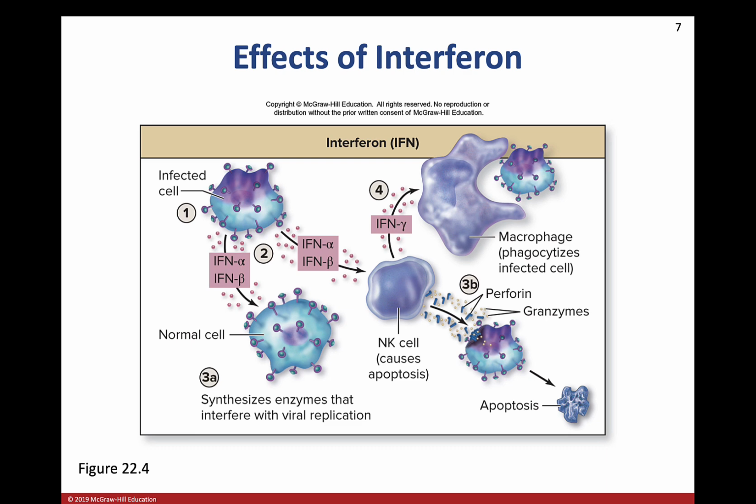Remember, viruses require a host, and they cannot replicate themselves without a host. The other thing that they can do is activate natural killer cells, and this will result in apoptosis, or they can activate macrophages, which will phagocytize infected cells.